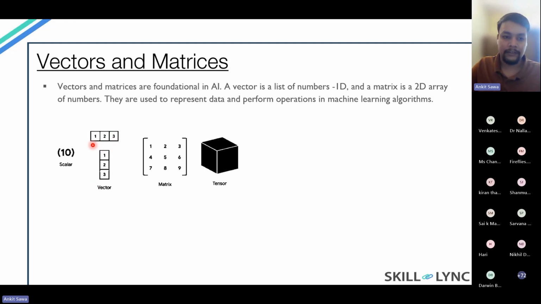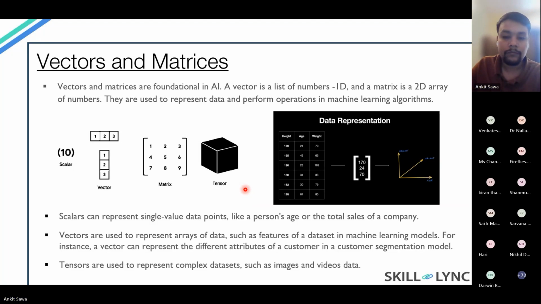If you are looking at this image here, this is a one-dimensional representation of data. A two-dimensional representation of data is called a matrix, and an n-dimensional representation of data is called a tensor. And I'll show you how this becomes important in classifying and creating some machine learning problems.